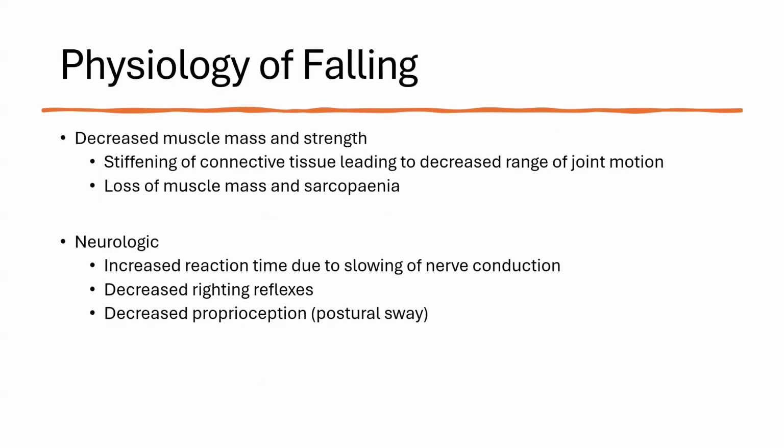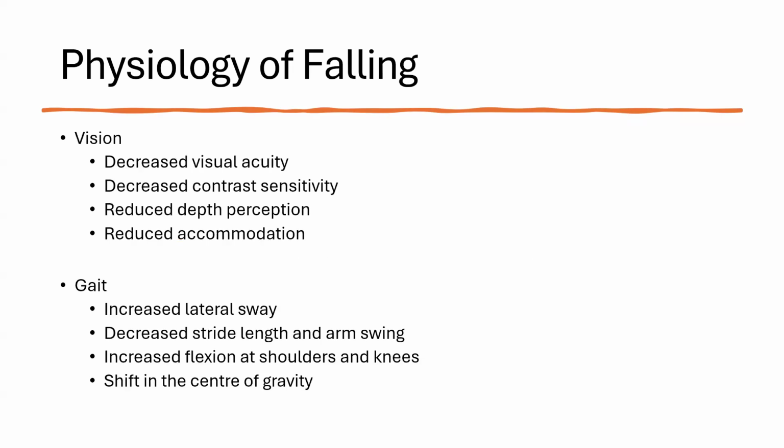Various things related to physiological changes with age contribute to the physiology of falling. One of these is decreased muscle mass and strength. You have stiffening of connective tissue, leading to decreased range of joint motion, and loss of muscle mass and sarcopenia. Neurologic changes include an increased reaction time because of slowed nerve conduction, decreased righting reflexes, as well as decreased proprioception.